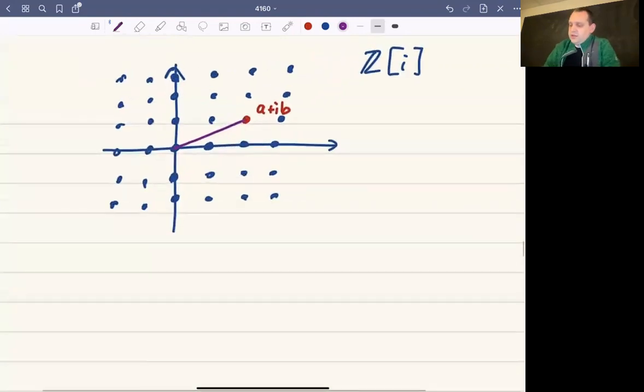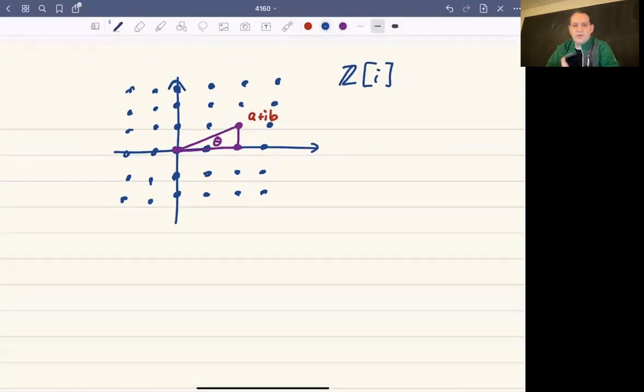Now let's look at the triangle determined by these 3 points, and think about the angle there. Let's think about what effect squaring that value has on this complex number.